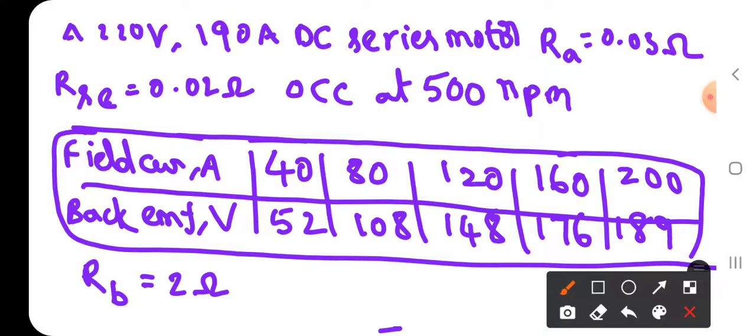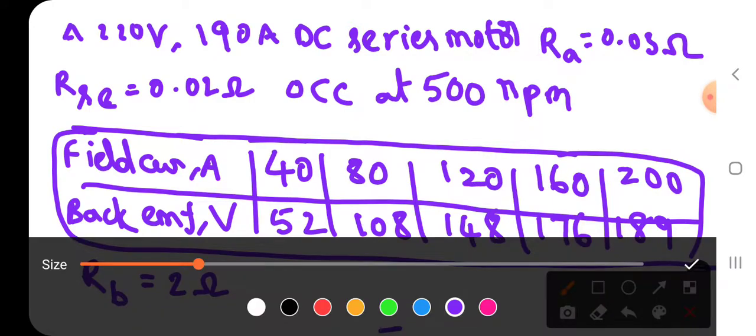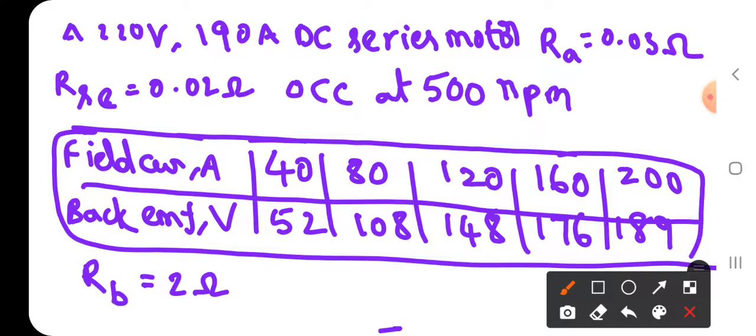Then, first one, calculate the motor speed for a duty ratio of 0.6 and motor current of 160 amps.